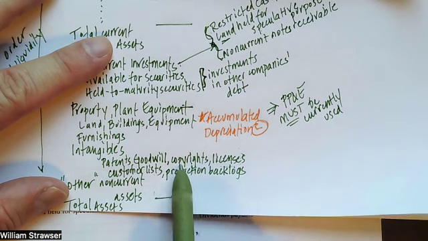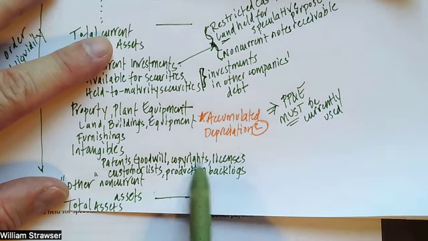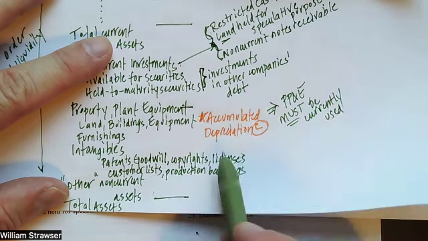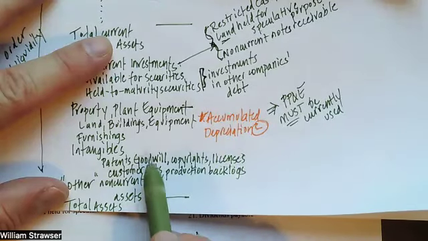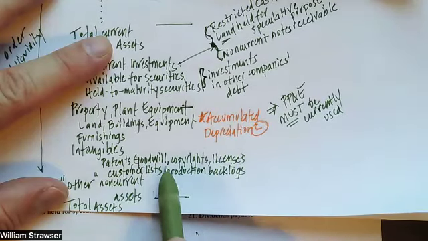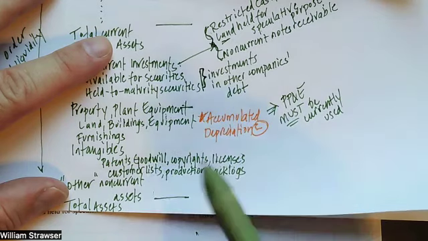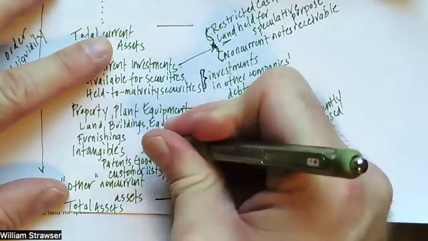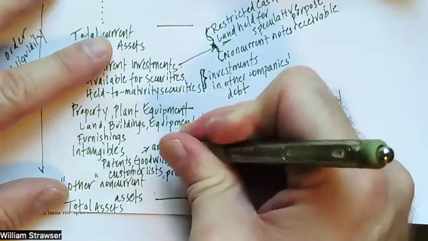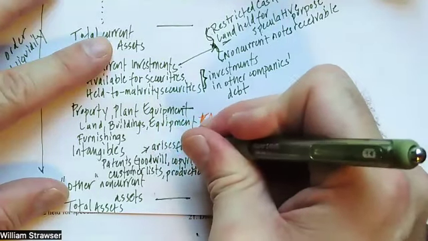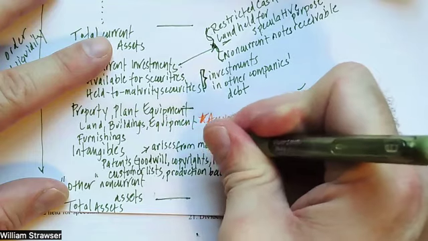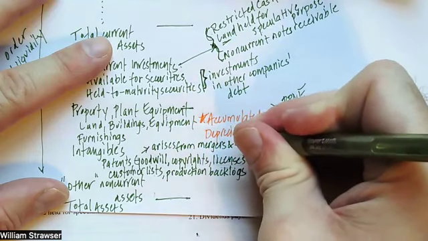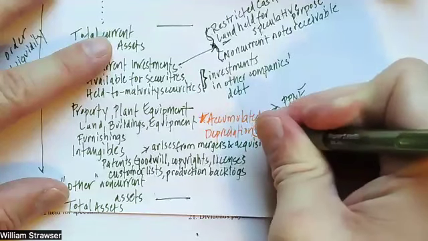Copyrights, exclusive access to the reproduction of artistic works. Licenses for almost anything. Goodwill, that one is a very specific type of intangible. I won't get too deep in it, except to say that it arises from mergers and acquisitions. So if you see goodwill on a company's balance sheet, that means it has merged or acquired another company since its existence.